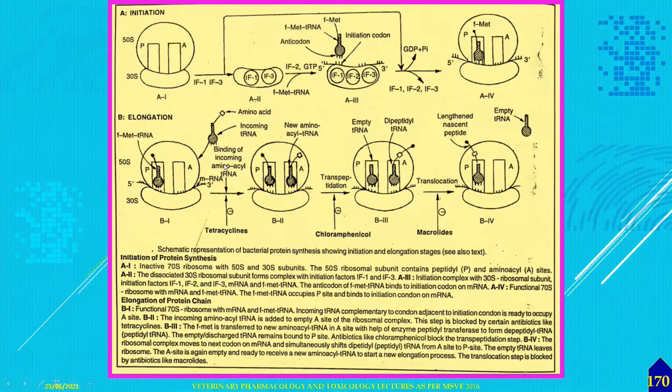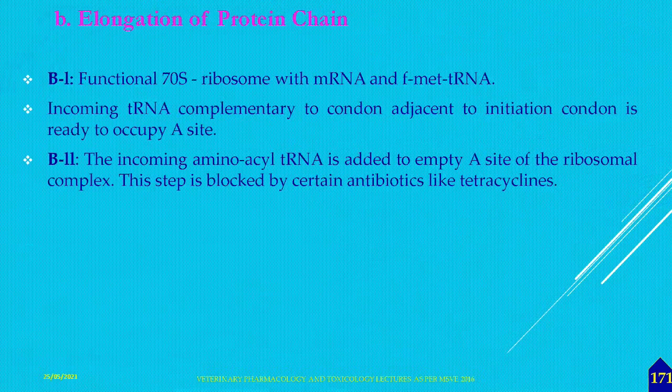The binding of the incoming amino acid tRNA is blocked by tetracycline. The transpeptidation reaction is stopped by chloramphenicol. The macrolides are going to stop the final step, that's the translocation step, then elongation of the protein chain.